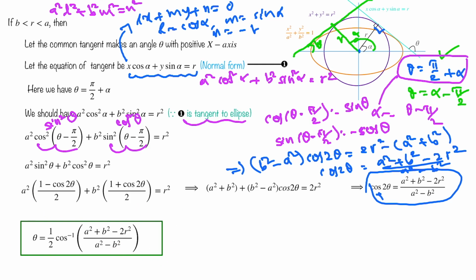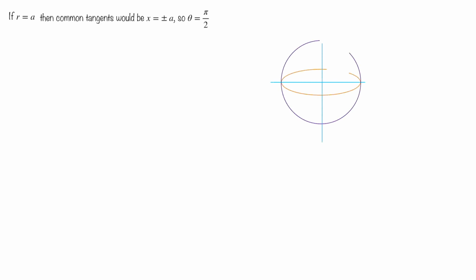Okay, now we are left with two more cases, that is r equal to a or r equal to b. So if r equal to a, then the common tangents would be two vertical lines, x equal to a and x equal to minus a. In this case the theta will be pi by 2. Fine.